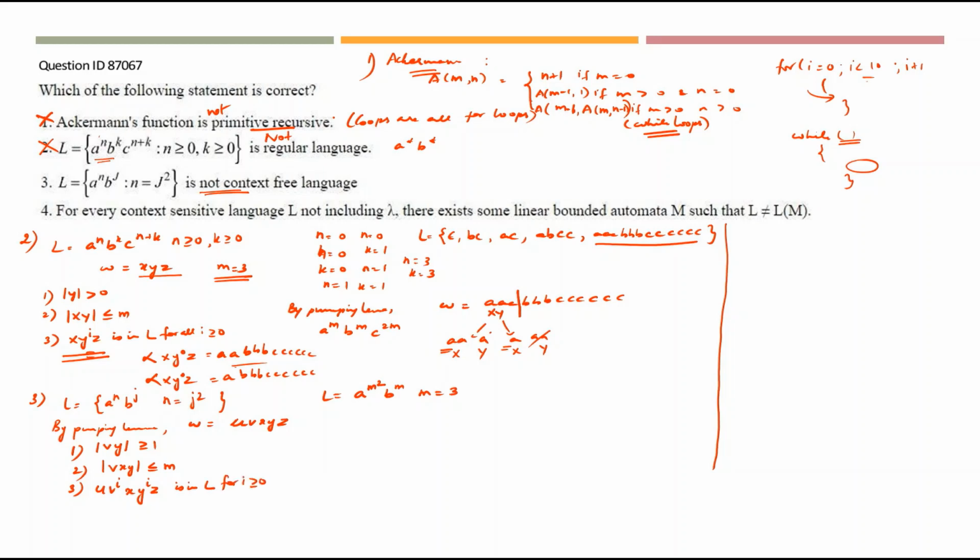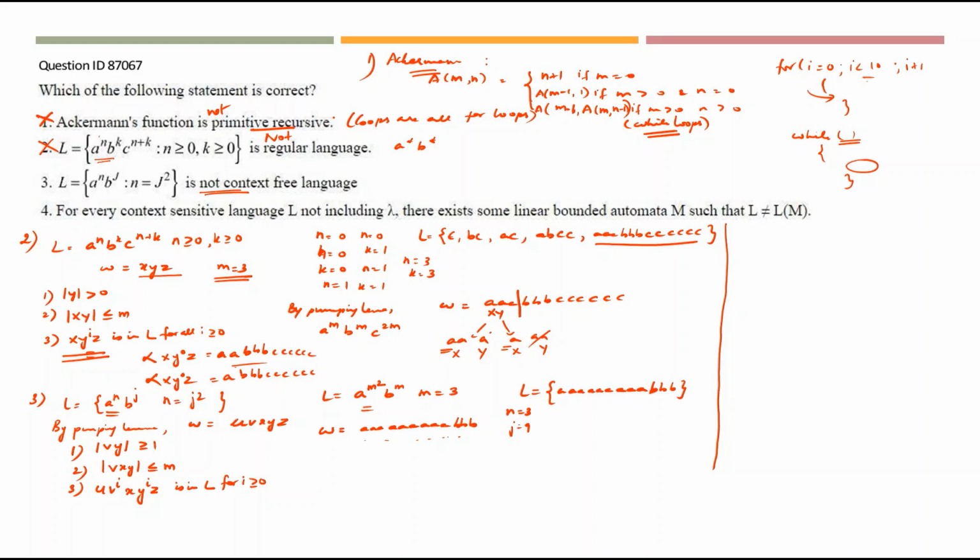Here let's take sample strings of the language. So for n is equal to 3, j is equal to 9. So you will have 9 A's, 1, 2, 3, 4, 5, 6, 7, 8, 9, and you will have 3 B's. This will be the string that we are going to work out. So let me place 9 A's and 3 B's.